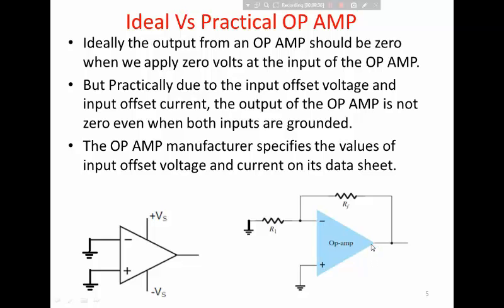So we want to see what these offset voltage and currents are, and what is the impact on the output due to these offset parameters.